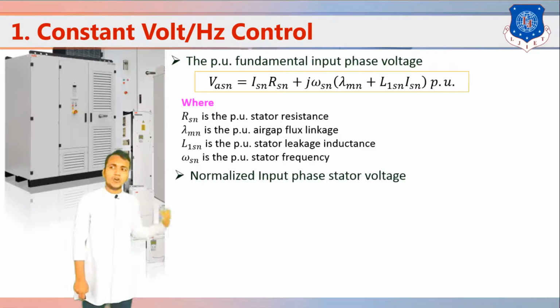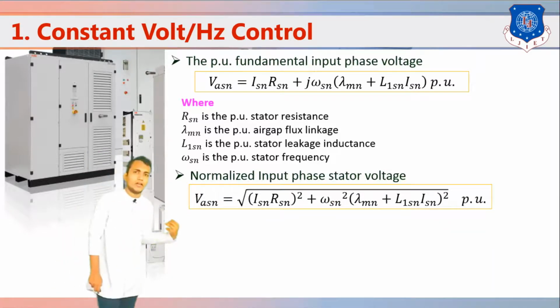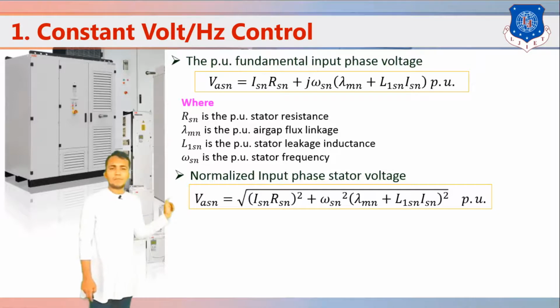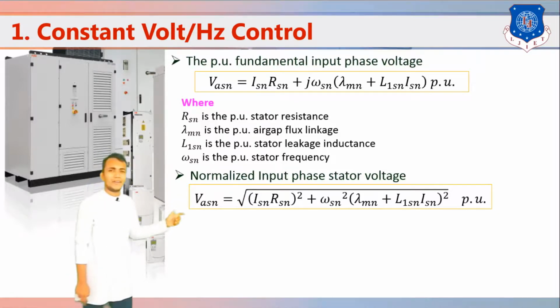And the normalized input phase stator voltage we can write in this way. Okay, VASN is the square root of ISN Rsn whole square plus omega Sn square in the bracket lambda Mn plus L1Sn into ISN whole square per unit.